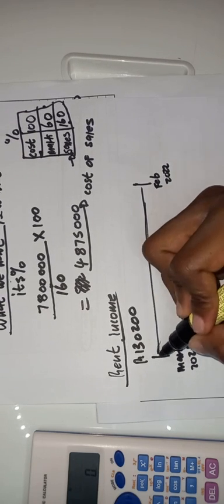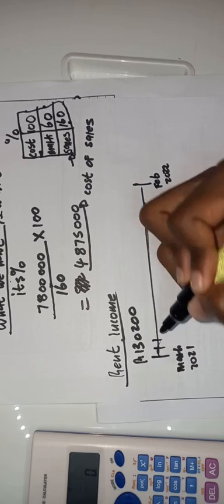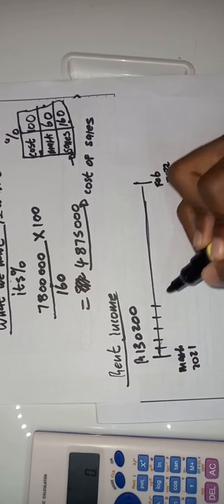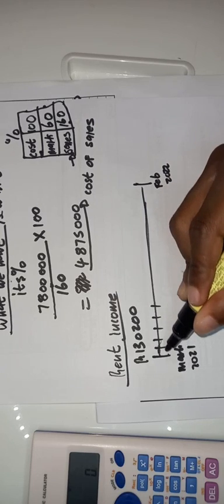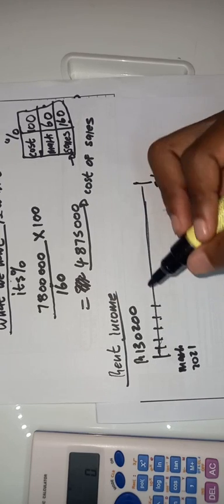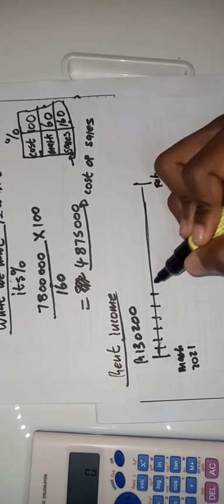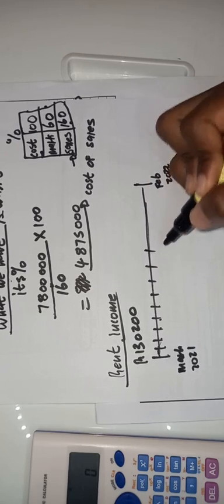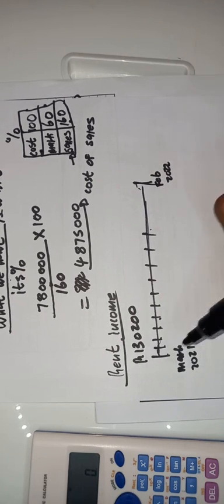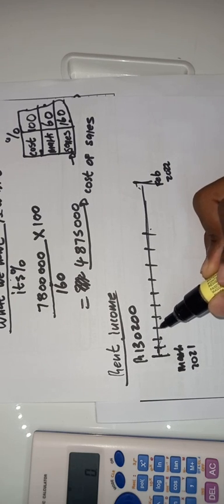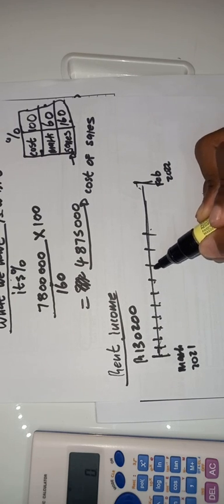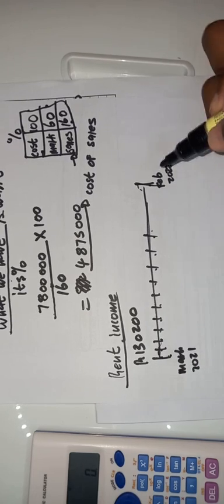So this is March, April, May, June, July, August, September, October, November, December, January, February. Even though my sticks leave more gap, you find it. This is 12 months actually: 1, 2, 3, 4, 5, 6, 7, 8, 9, 10, 11, 12. So this is March to February.